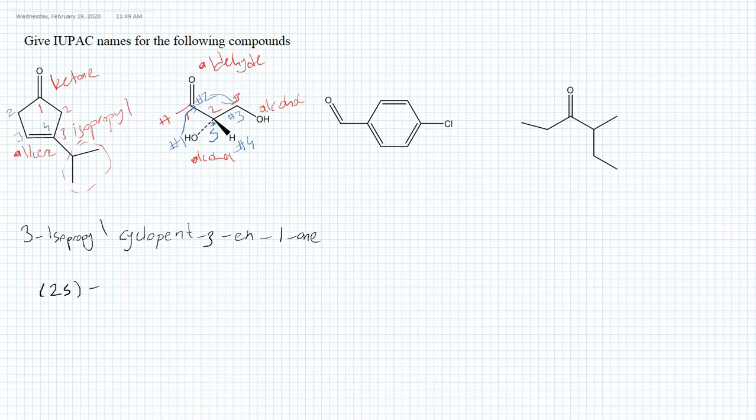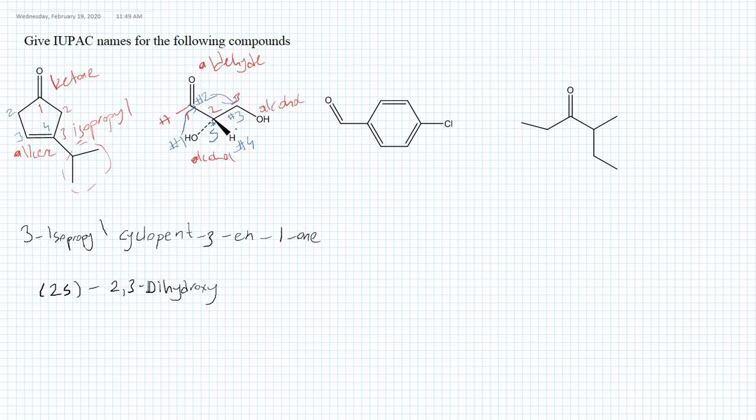Then we have 1, 2, 3, so it is propane, it's propanol, and we have OH and OH. So at the second and third carbon we have hydroxy groups. So let's write 2,3-dihydroxy.